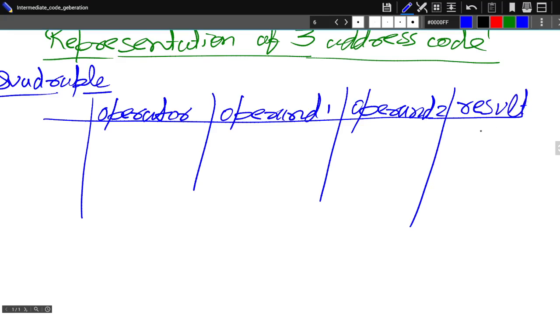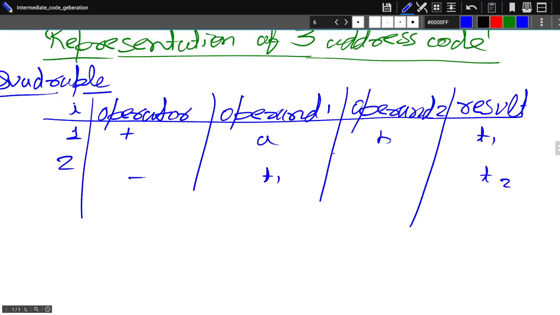Suppose this is the first position. What is it? Plus operator. A and B are added and the result is stored in T1. In the second case, suppose T1 was used: minus T1 is being stored in T2.